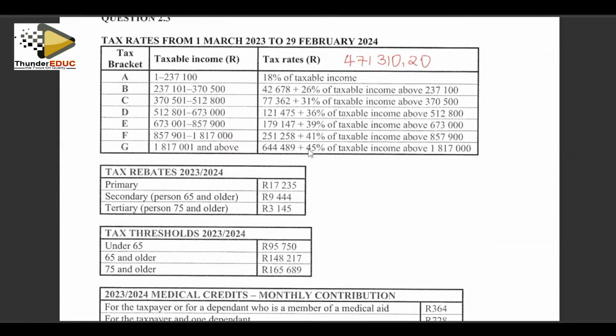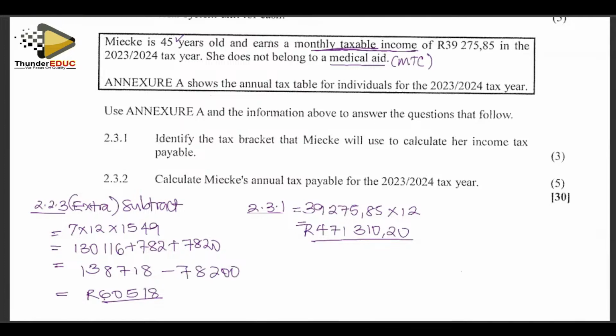So you come here, you check, it can't belong here. It has already passed that, but it's in between this. So it's bracket C. So here they're asking you which bracket it will be? Bracket C. Even though you said bracket 3, you could be right. All we need to know, do you understand what's going on? Do you get the bracket correctly?